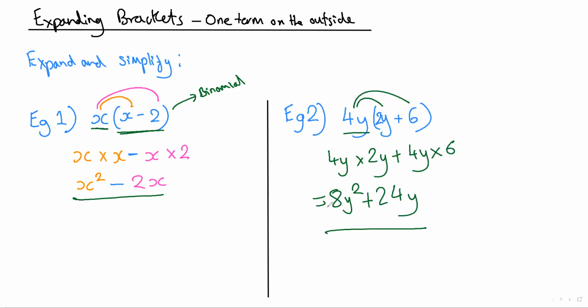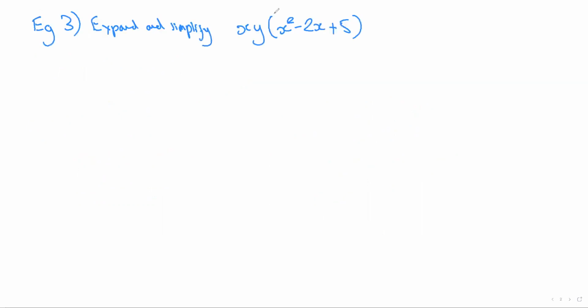Right. Let's move on. This is a tougher example. It says expand and simplify this. Again, we have one term on the outside, which is our xy. And then we have this bracket, which is x squared minus 2x plus 5. But the process is exactly the same.